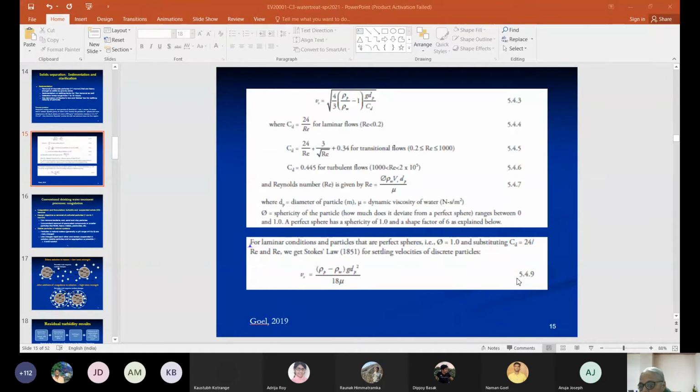Could you check your 10 to the power minus 10? Shraman Pal, please check whether it's 10 to the power minus 10 or some other number. What is your Reynolds number? Reynolds number is too small. That's too small.